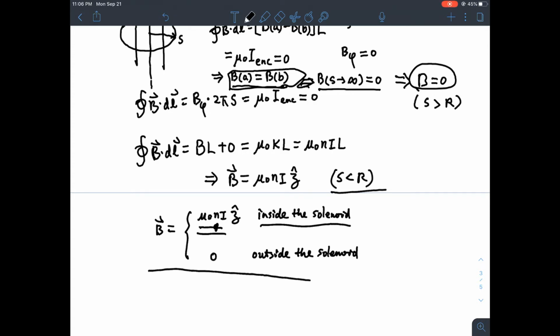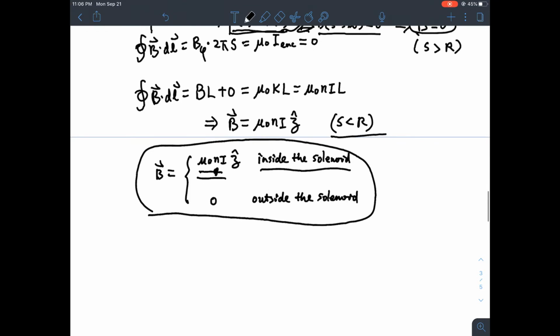Even these days, to generate a strong magnetic field, we try to increase the number of turns per unit length, or increase the current flowing through each wire, to get a uniform magnetic field.